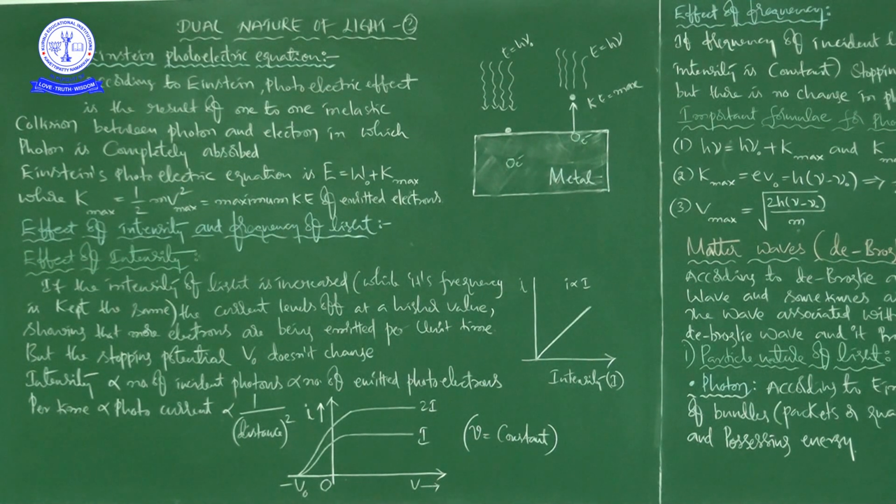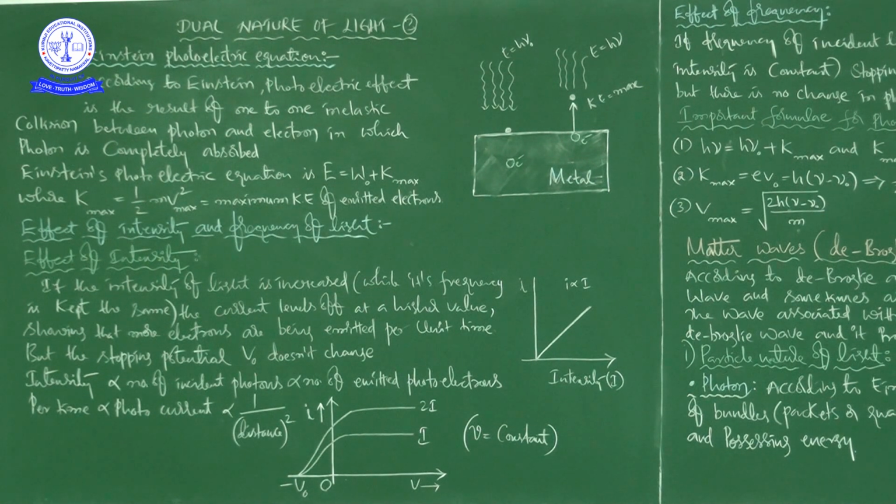Next, what is threshold wavelength? The maximum wavelength of incident radiations required to eject the electrons from a metallic surface is defined as threshold wavelength. Right. In a simple manner, just remember: work function is the minimum energy of incident radiation for the emission of electrons from a metallic surface.